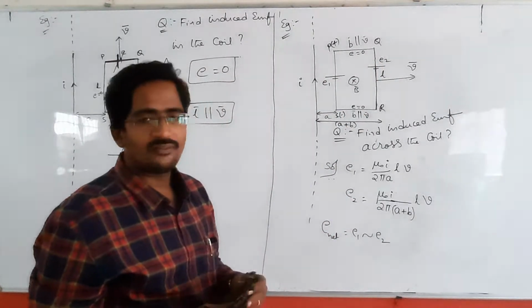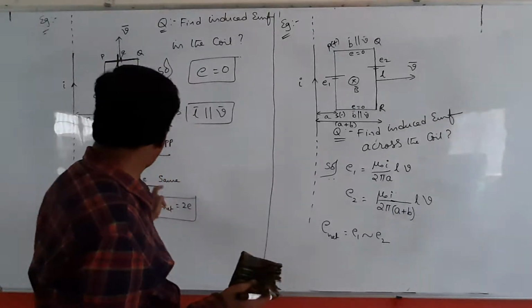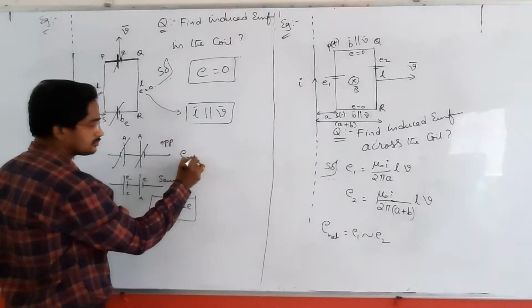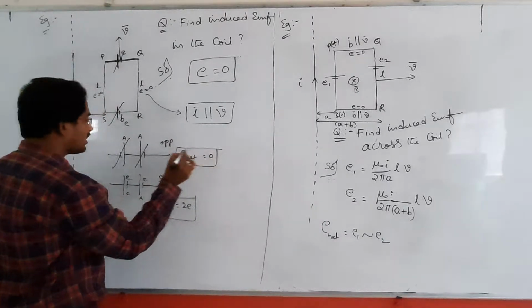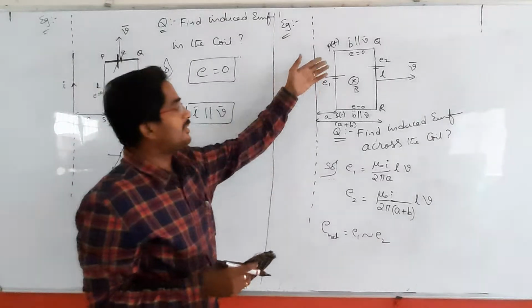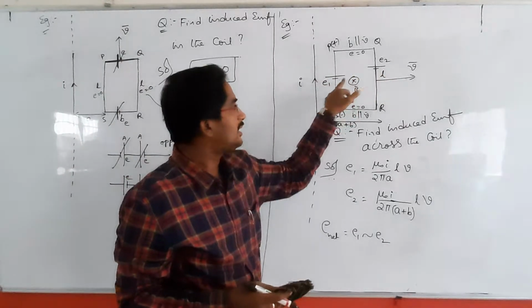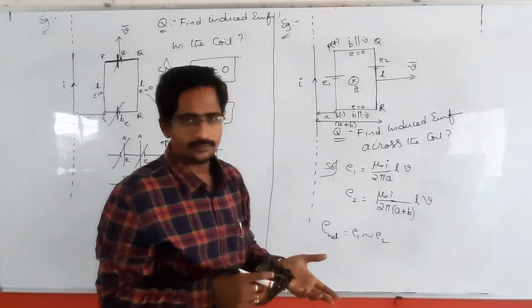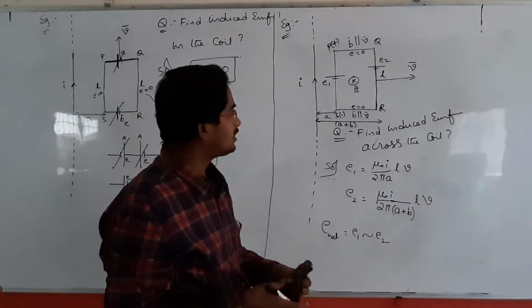But if they are equal, net value is 0. Already I told you here, net EMF 0 here, because both are same. But here EMF value is not same. It is E1, it is E2, and both are in opposite direction, such that net EMF value differs.